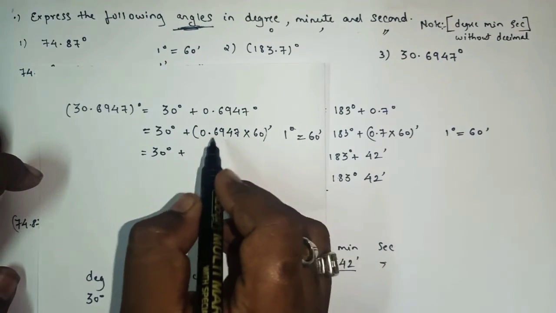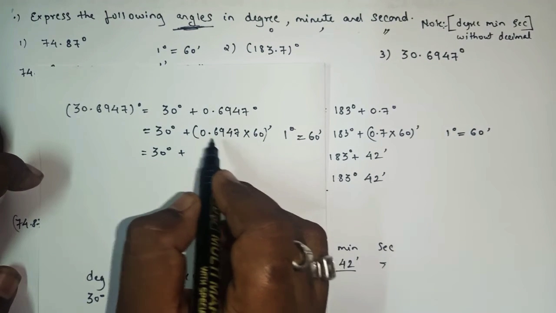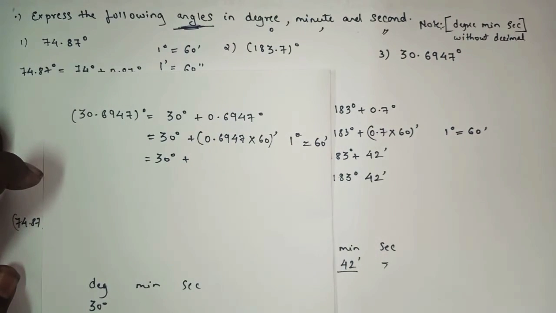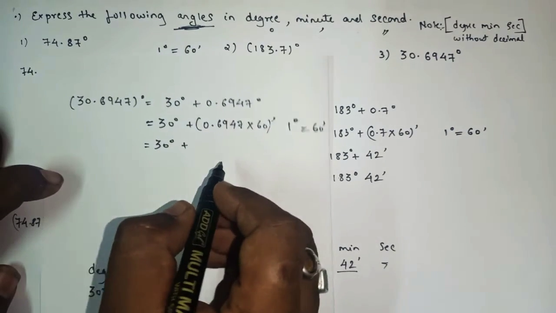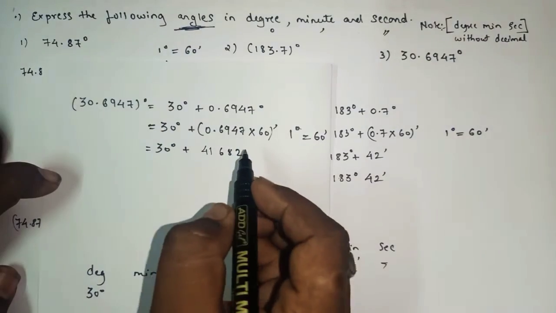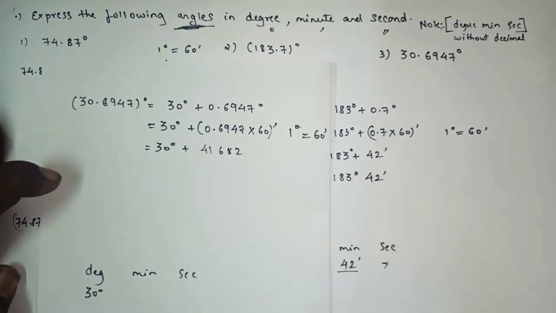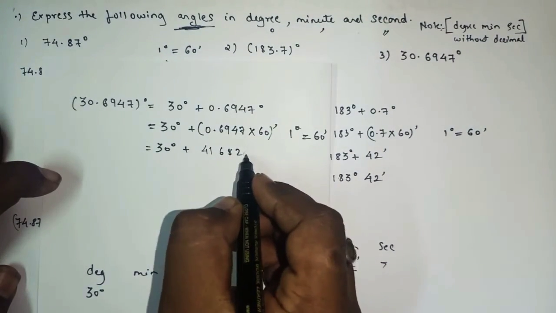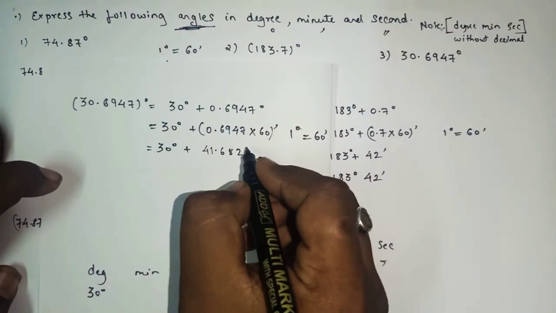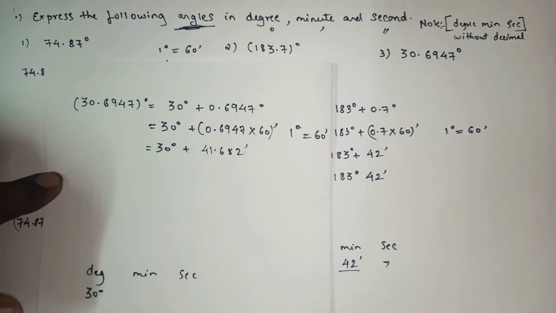So 6 sevens are 42, 48, 6 nines are 54, and so on. Your decimal after 41, so here you will get 41.682. It will be in minute.